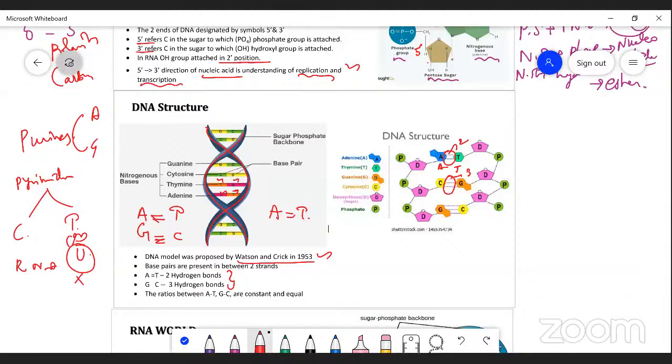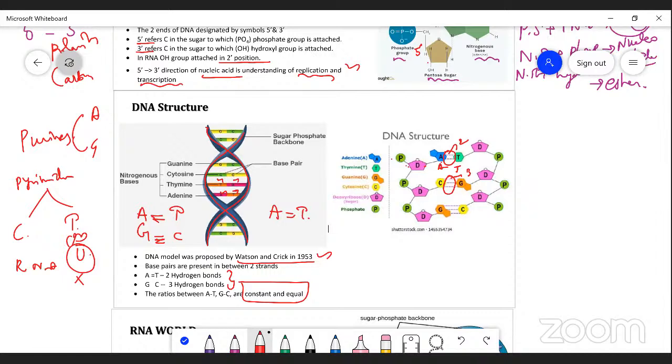The ratio between adenine and thymine and between guanine and cytosine is constant and equal. Only the two and three hydrogen bonds differ, but we are taking the ratio. See this diagram, which is also given in your book. In the DNA structure, the D means deoxyribose, attached to a phosphate as well as a nitrogenous base, adenine or thymine.